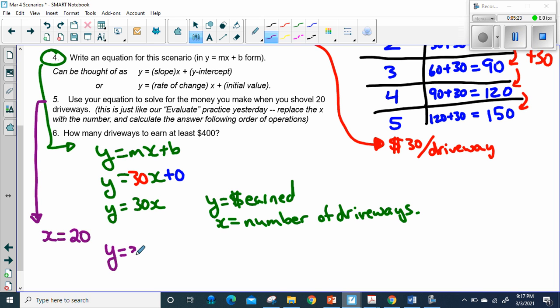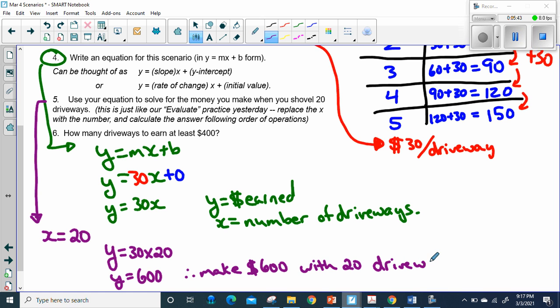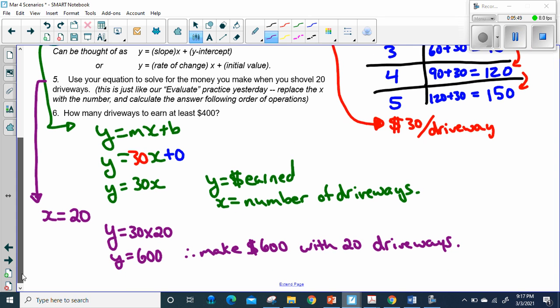So the money I make is going to be $30 times my 20 driveways. 2 times 3 is 6, couple of zeros. Ooh, 600 bucks. Therefore, right there for statements, it's a word problem. Make $600 with 20 driveways. So all we did was evaluate, right? We just subbed it in and multiplied.